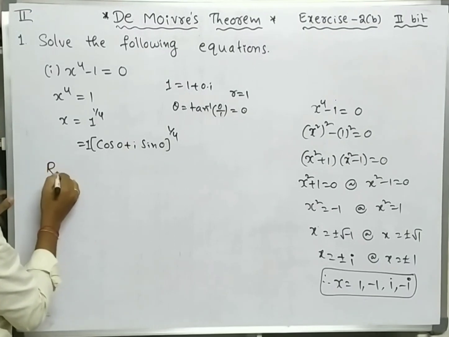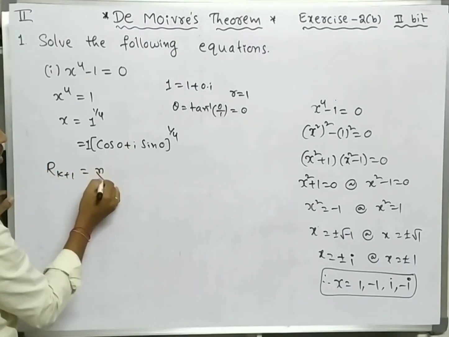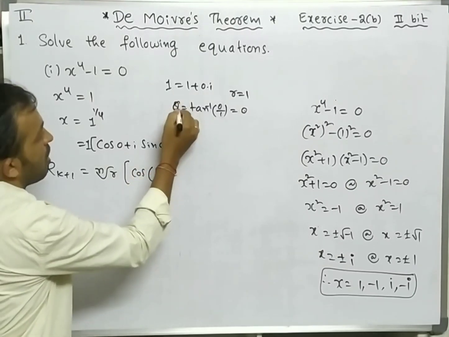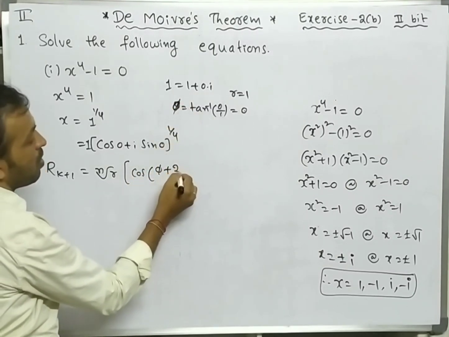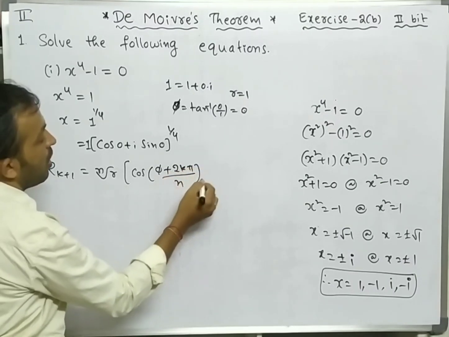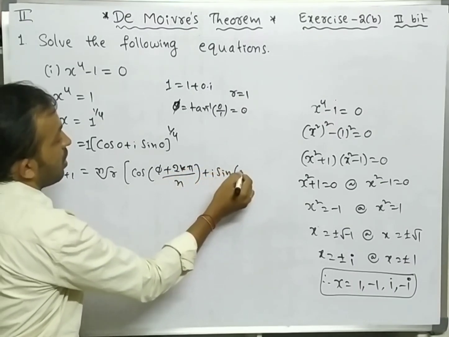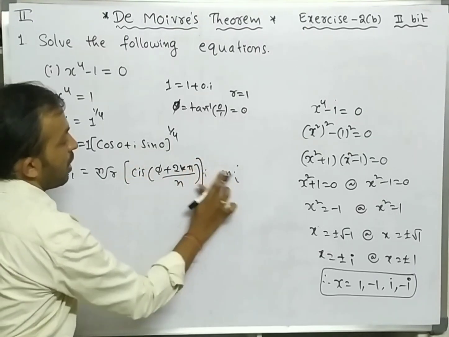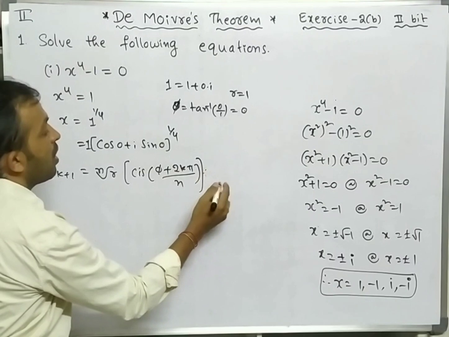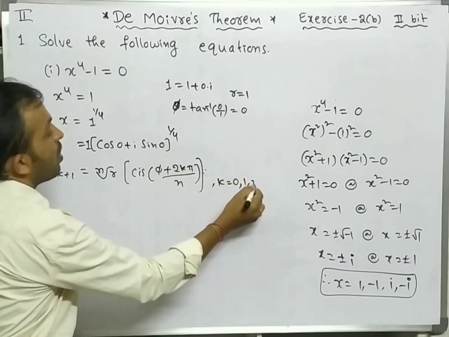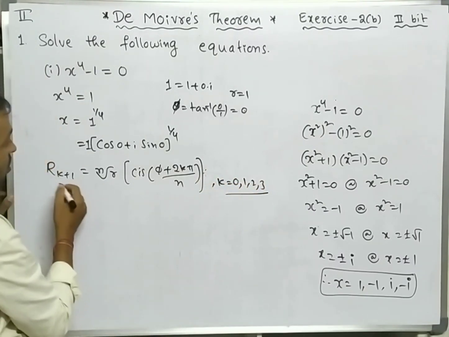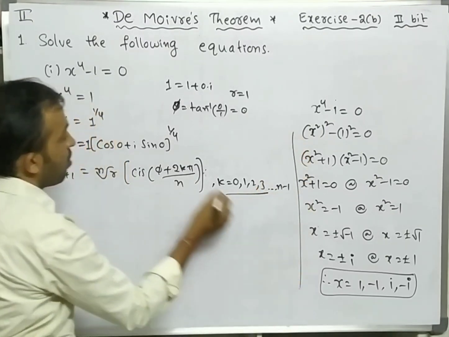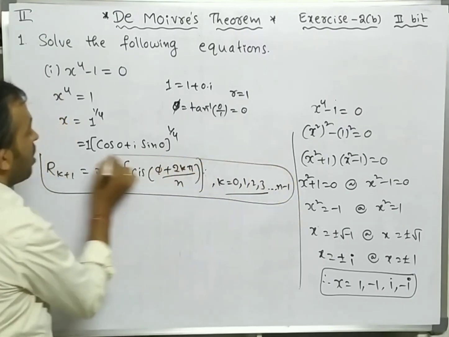So we have the formula: r_(k+1) is equal to nth root of r into cos of (theta plus 2k pi by n) plus i sin of (theta plus 2k pi by n), cis meaning cos plus i sin, where k is equal to 0, 1, 2, up to n minus 1. So here this is the formula, right?